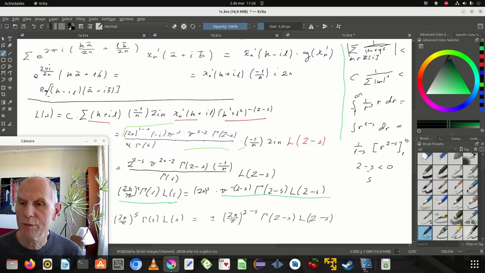So that means we must have s larger than 2. And then in our sum, we then have 2 minus s larger than 2.